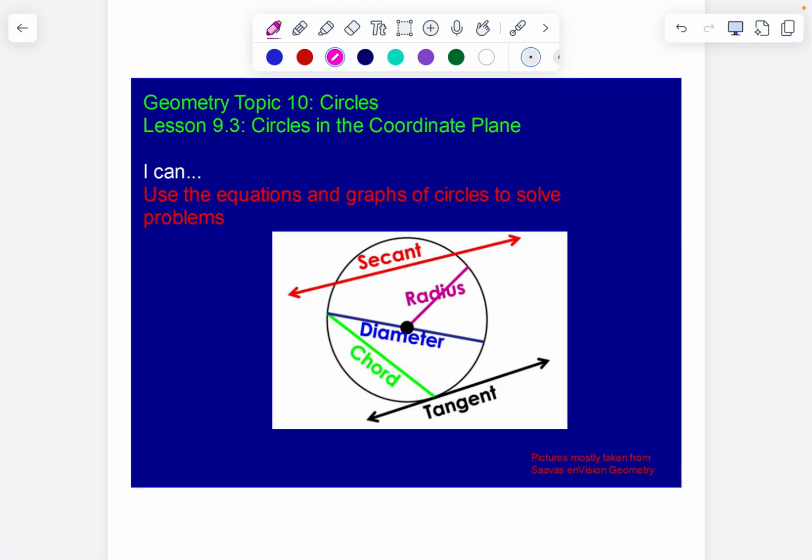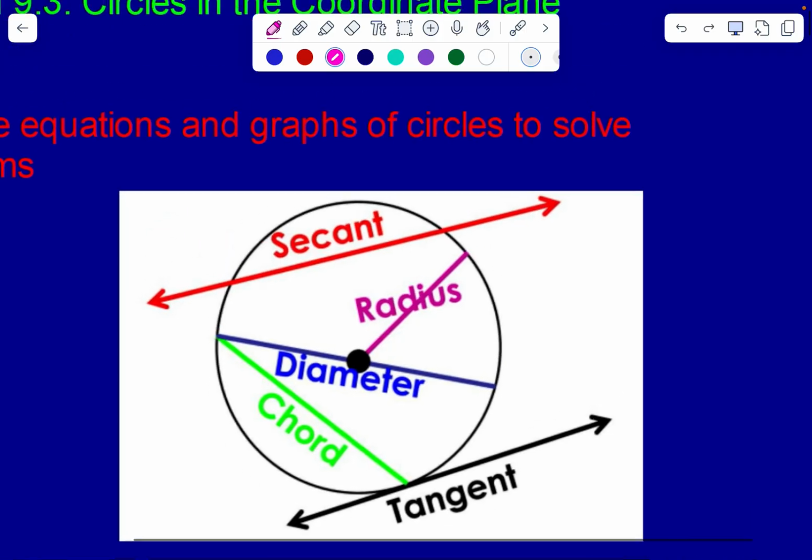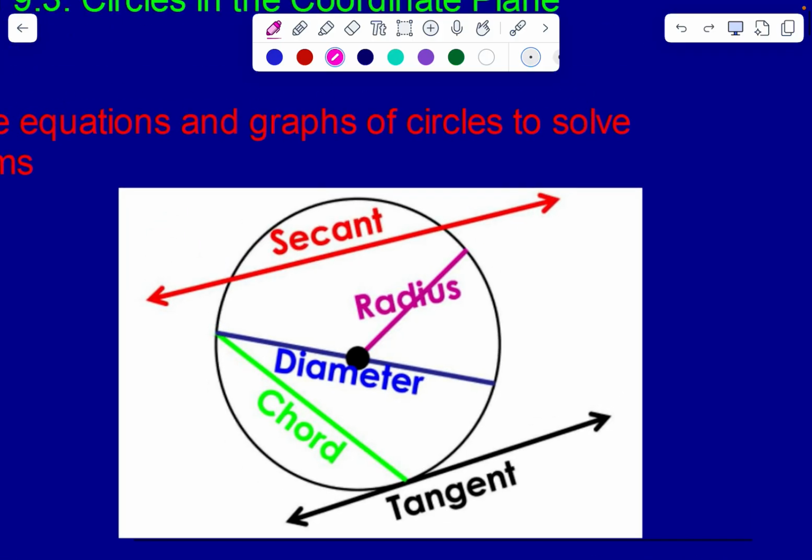And then also, maybe I'll just draw this. There are triangles in circles as well. For example, if I draw in a radius here that's perpendicular to that secant, well, now we're creating a triangle right there and right there.